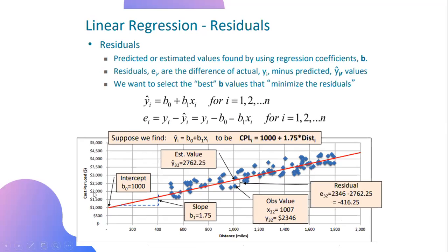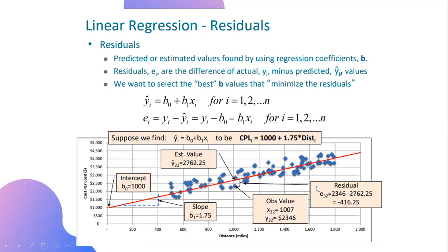The cost per load and the amount of miles that is traveled. So let's say this is a truck. The cost per load is obviously going to increase if it's going further distances. So for example, if a truck is traveling just 200 miles, then it will have a cost of, let's say, $1,300 per load.